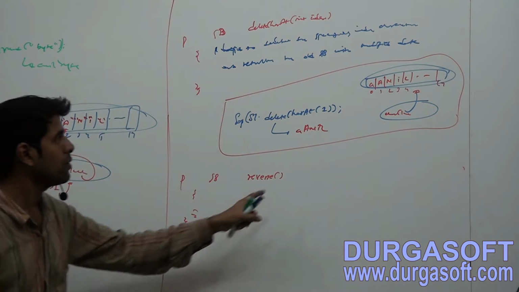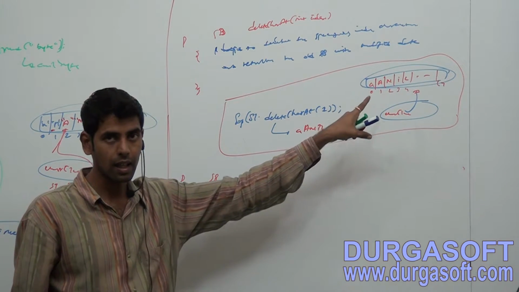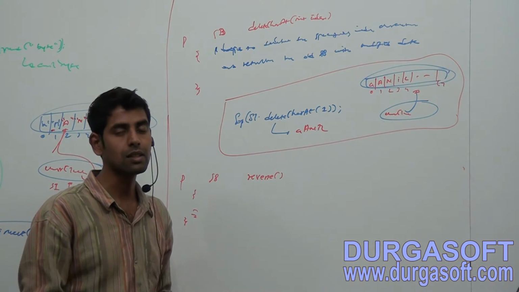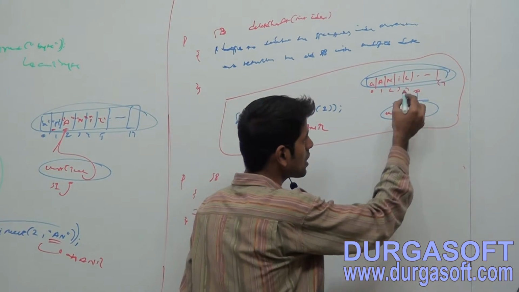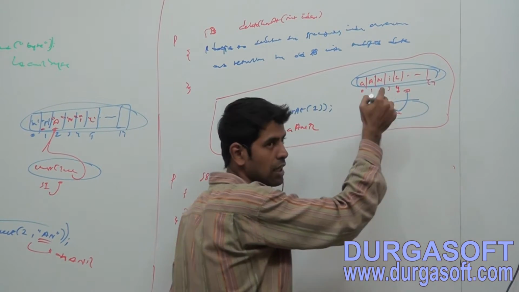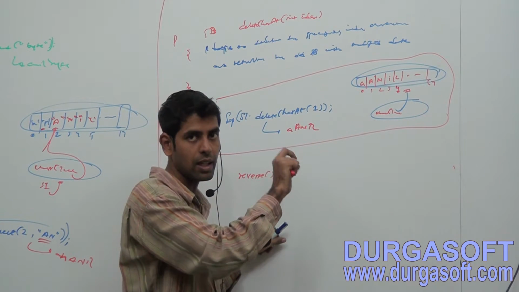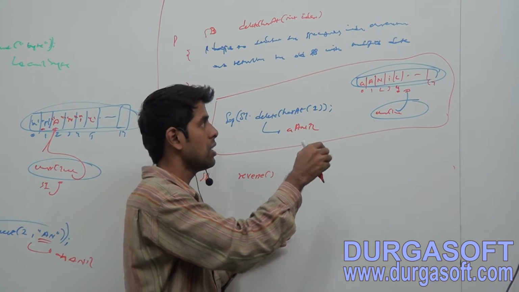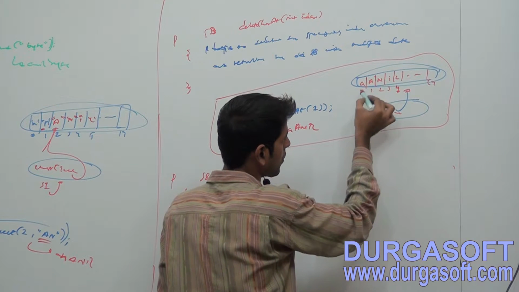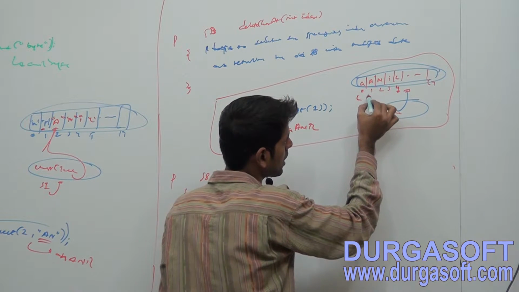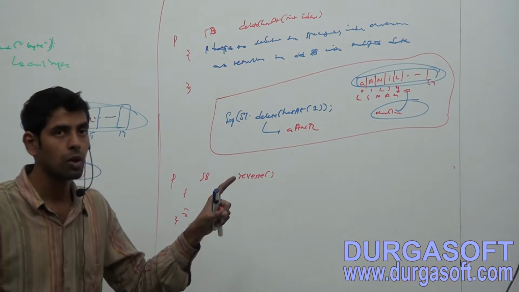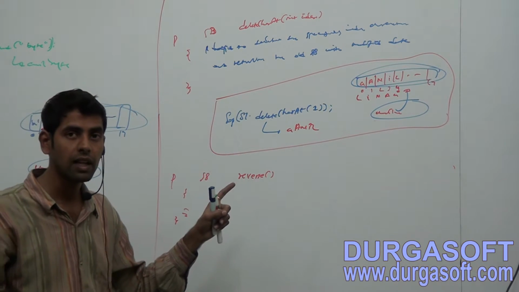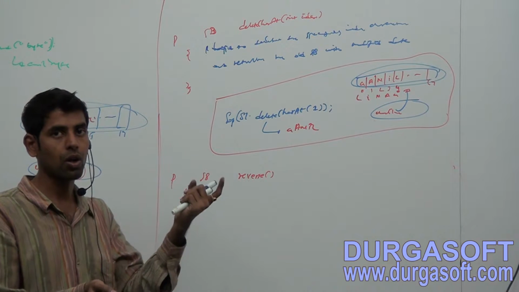It will reverse the data, that is the characters present within the StringBuffer, from the first index to the last index of the customized data. This data will be written here, this one here, and this one here. It will reverse the entire StringBuffer object.